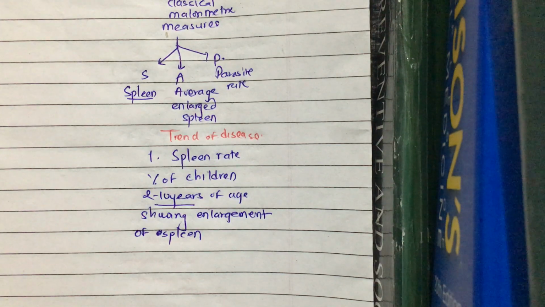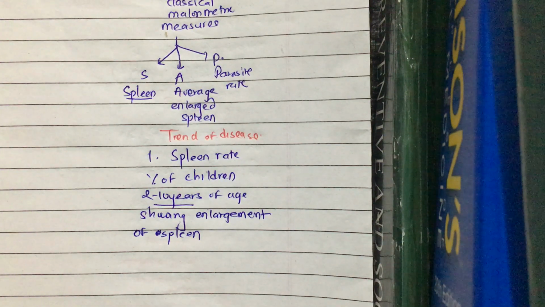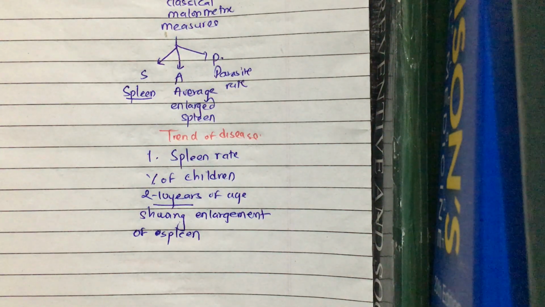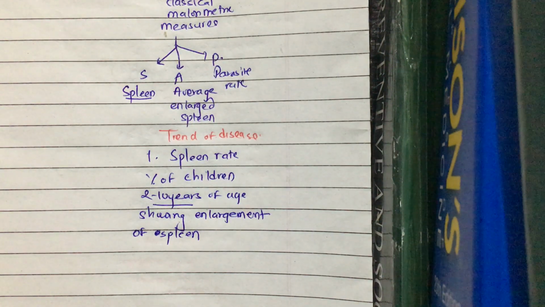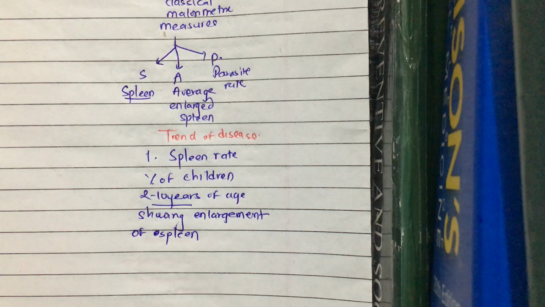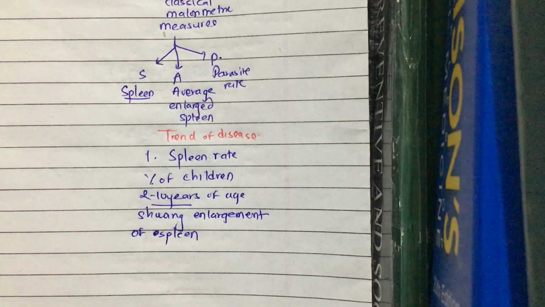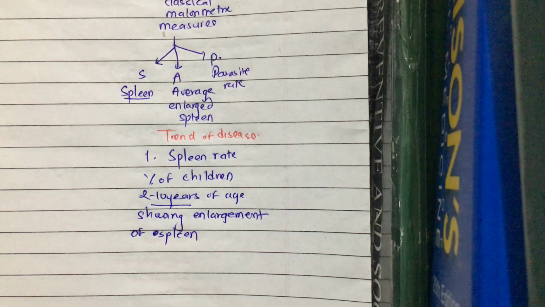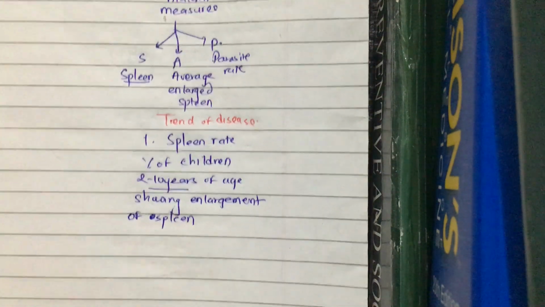We have already discussed in endemicity that two factors are used for the determination of endemicity. One is the spleen rate in the children of 2 to 10 years of age, and second is the microscopically detected parasitemia. So in the pre-eradication era, since the measurement was mainly from the clinically diagnosed cases, first is the spleen rate, the percent of children 2 to 10 years of age showing the enlargement of spleen.